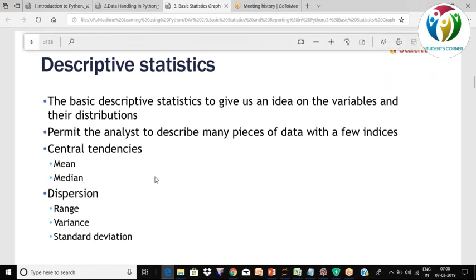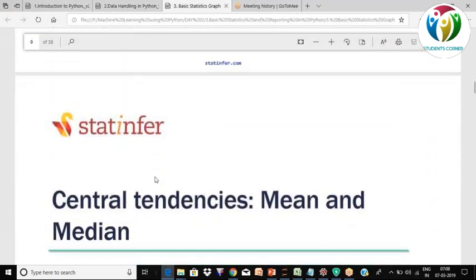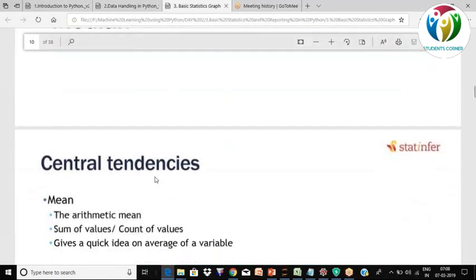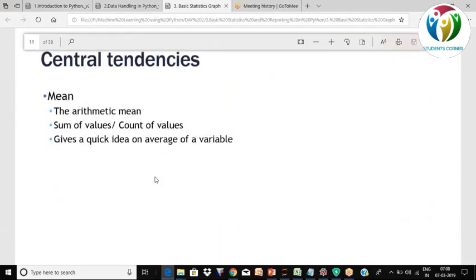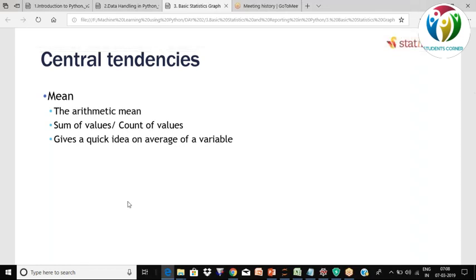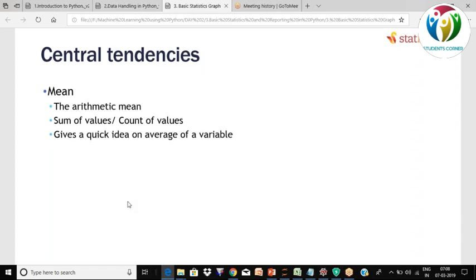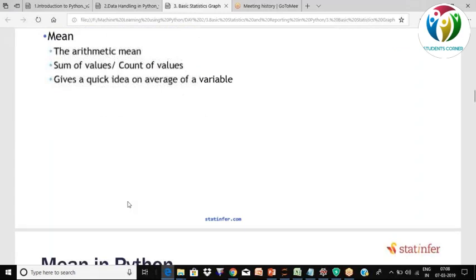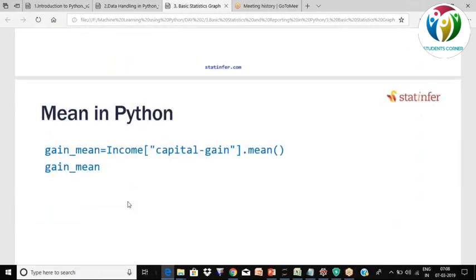Now let's look at the mean and median. I'm sure you must be aware of the difference between the mean and the median. Simply, the sum of values divided by the count of values is the mean. It gives a quick idea on the average of a variable. So mean is nothing but an average. Now, how do we do that from Python?